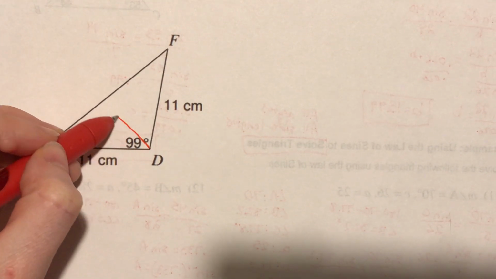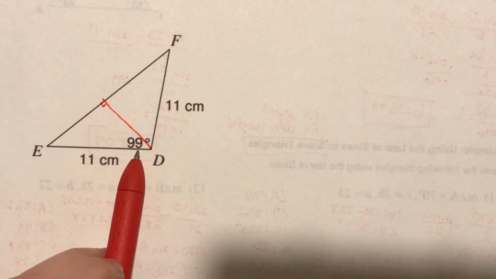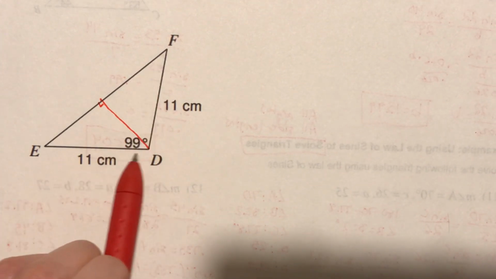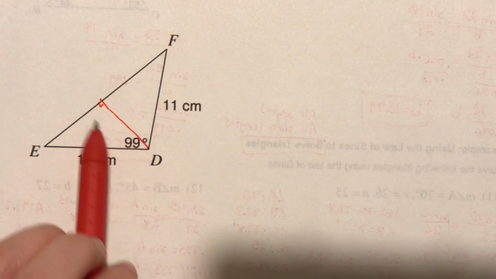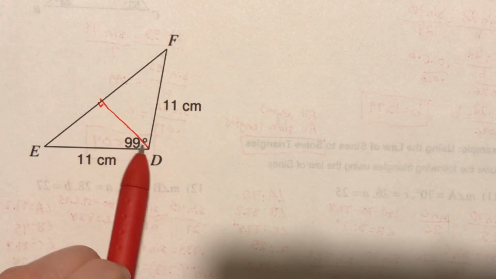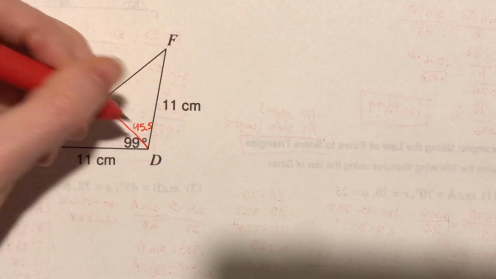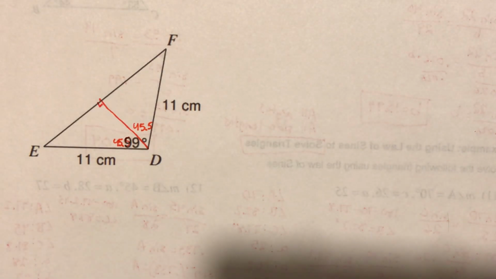And if you notice, in this triangle, my 99 degrees is part of an isosceles triangle. I have 11 and 11, which means that when I make an altitude here, it's also going to cut this in half. So instead of 99 degrees, it's going to be 49.5 degrees and 49.5 degrees over here.